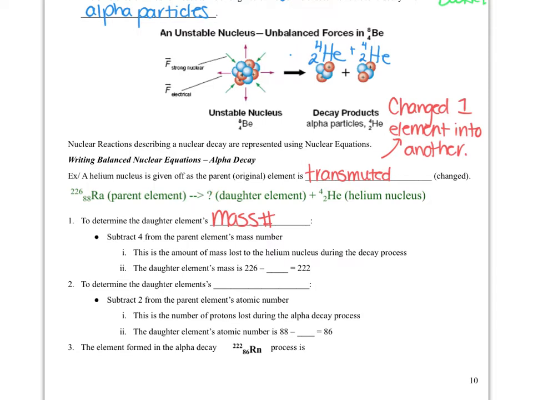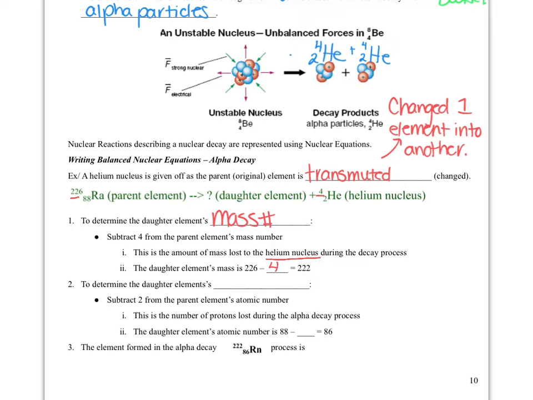So if we have 226 on this side, we already have 4 on the product side, therefore we need to account for the rest. So we will subtract 4 from the parent's mass number. This is the amount of mass lost to making that helium nucleus. So we started with 226, we'll take away 4, and we're going to get 222.